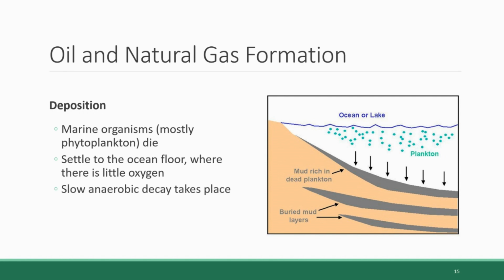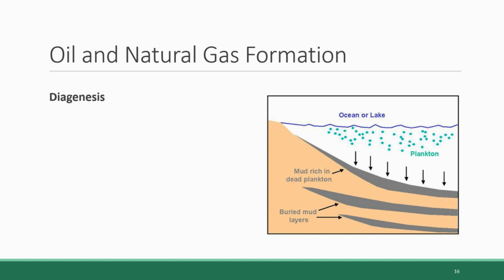And so there, at the bottom where there's no oxygen, the phytoplankton will start to decay very slowly under anaerobic conditions. They don't break down quickly because there's no oxygen available to drive cellular respiration that would allow them to decompose more rapidly. And then as this is happening, the second stage occurs, which is called diagenesis. During diagenesis, marine sediment becomes buried under new sediment layers that form on top of it.